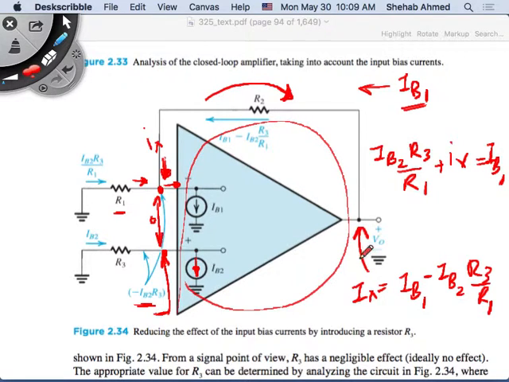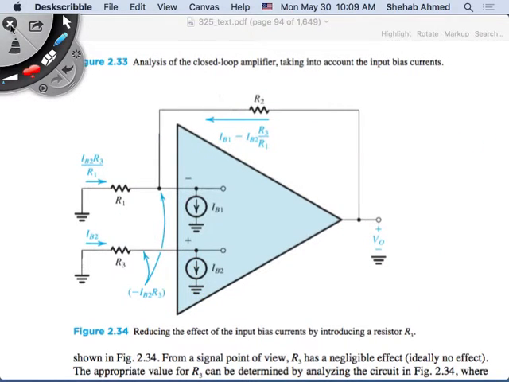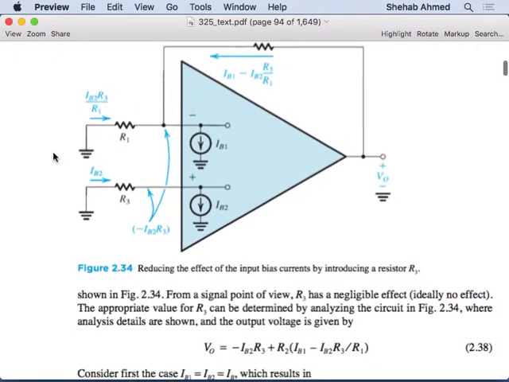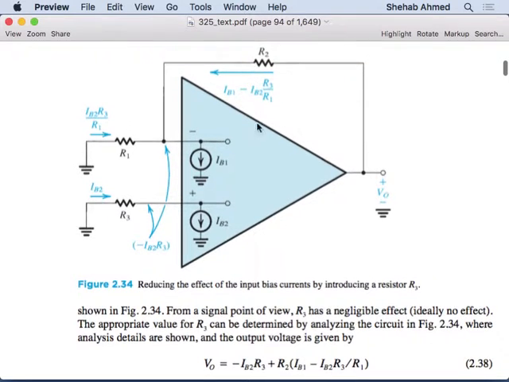This loop will contain this voltage, and this voltage. So let's look at the equations. So here, the output is equal to minus IB2 times R3, which is the voltage at this node, right? Plus R2, which is this resistor here, times all this current, right?